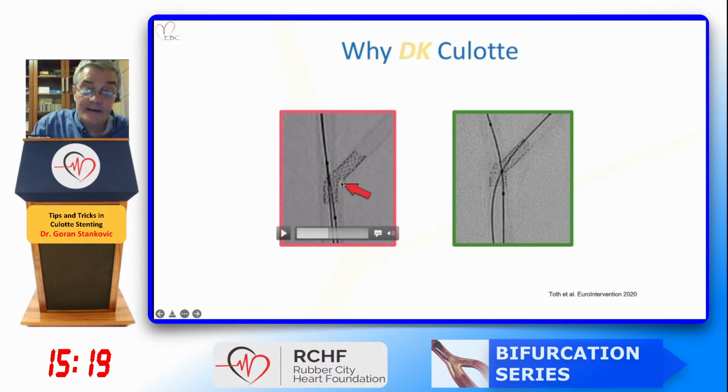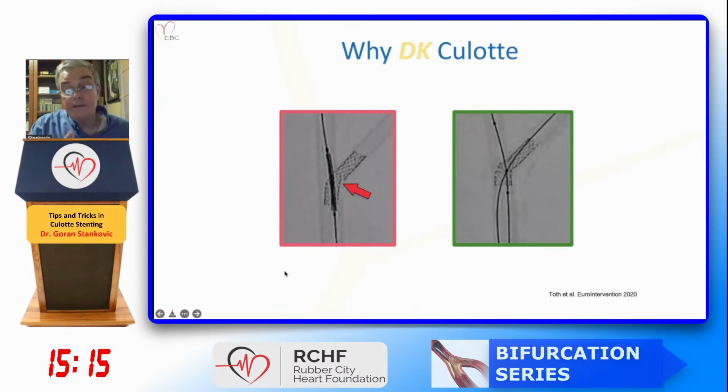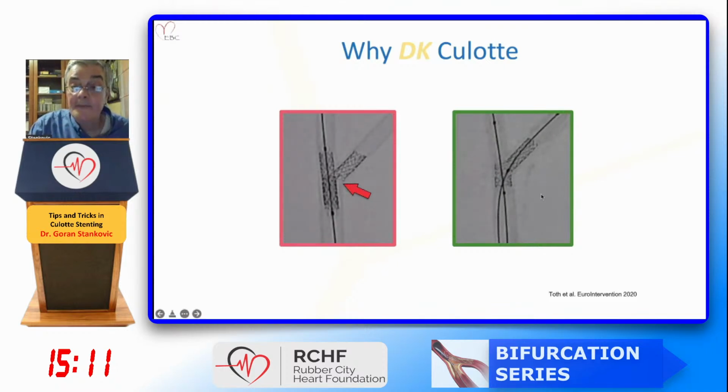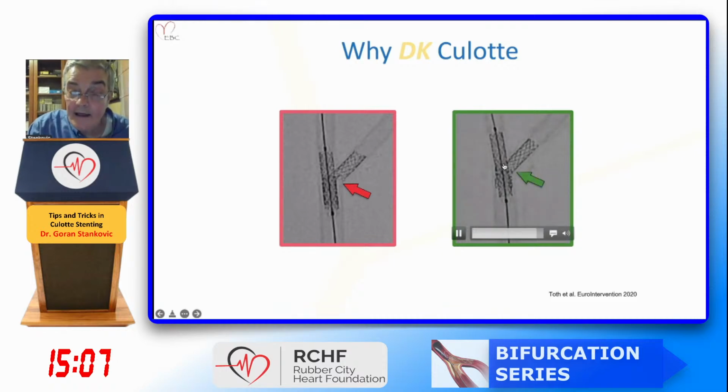So after stenting, when you open access to the other branch, you disconnect, you create deformation at the ostium of the stented vessel. In order to correct this, what was recommended by Japanese people, but nicely illustrated by Dr. Gabor Tot, is to do kiss. And with kissing, you correct this deformation before stenting.